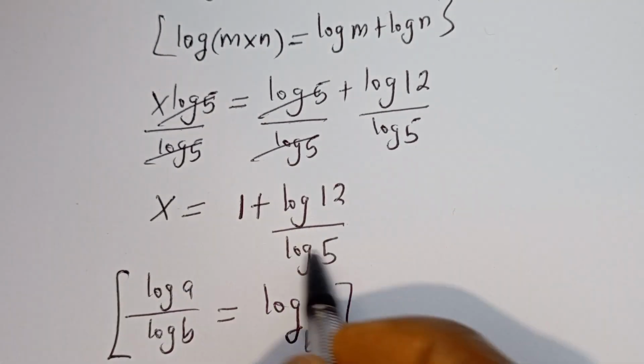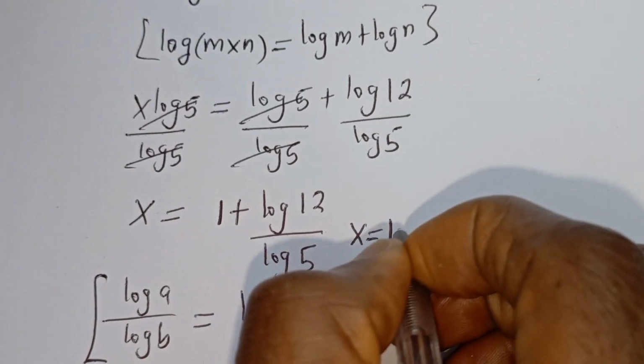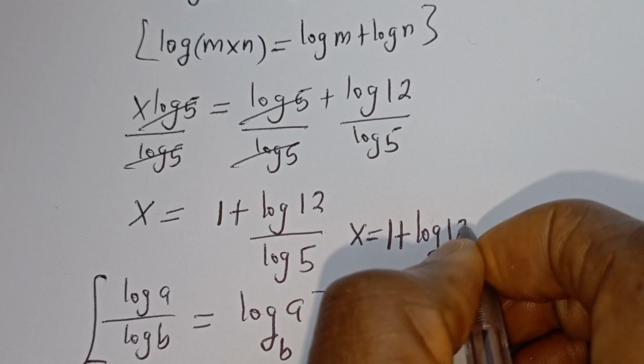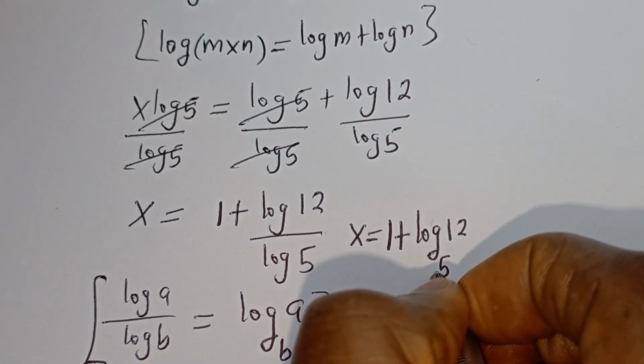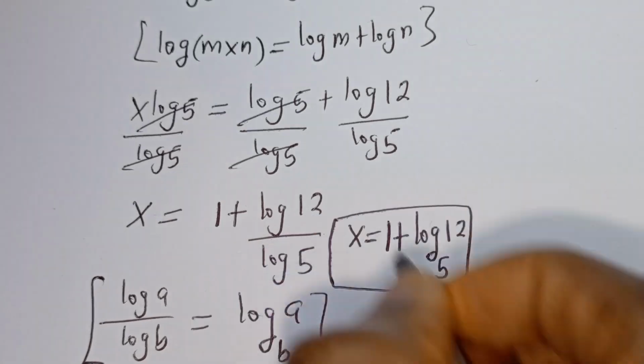Then this can be written as x is equal to 1 plus log 12 base 5, and this is the final answer.